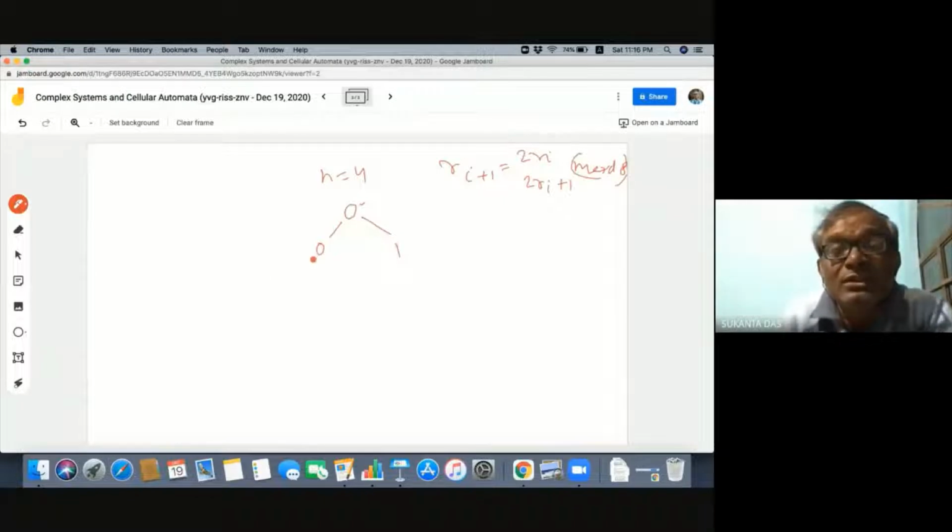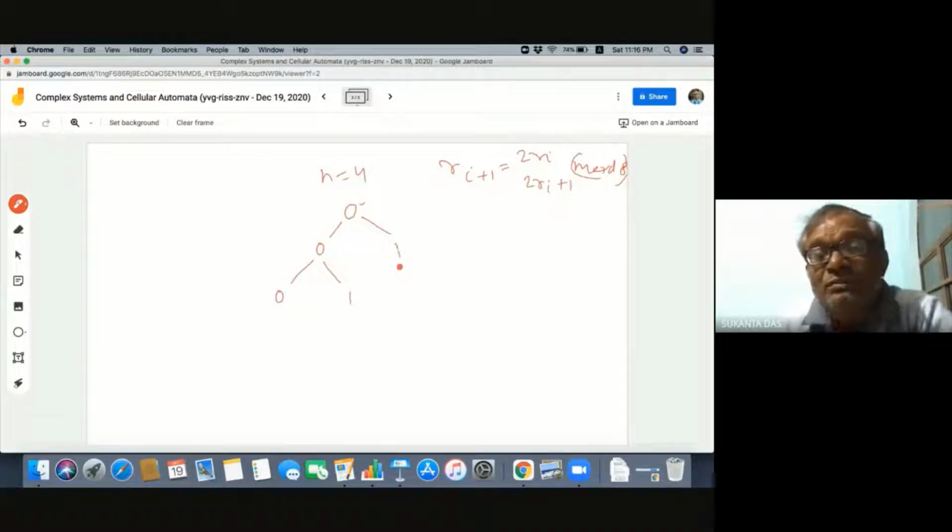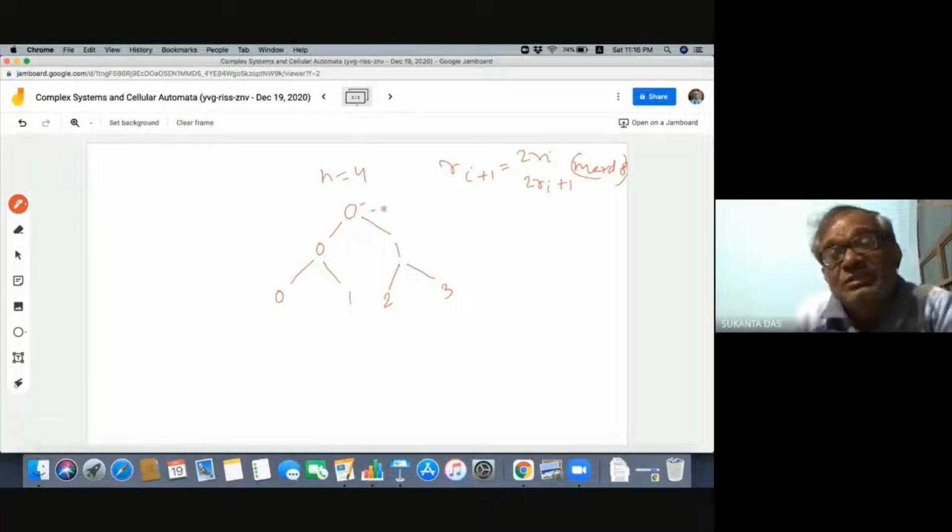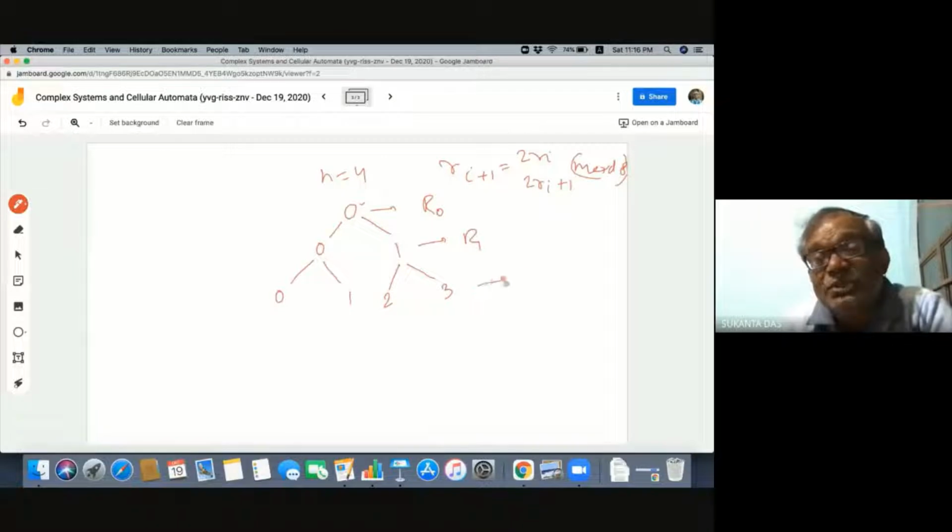Now from this 0 I can get again 0 and 1, and from 1 I can get 2 and 3. So this is the RMT of the first rule, this is the RMT of the second rule, R1, this RMT 0, 1, 2, 3.